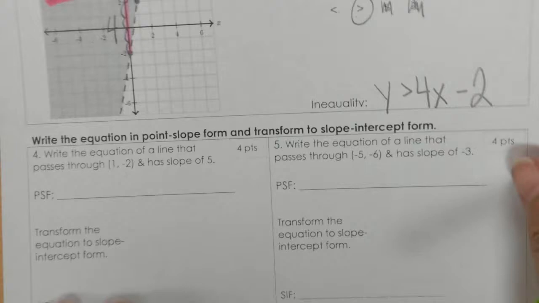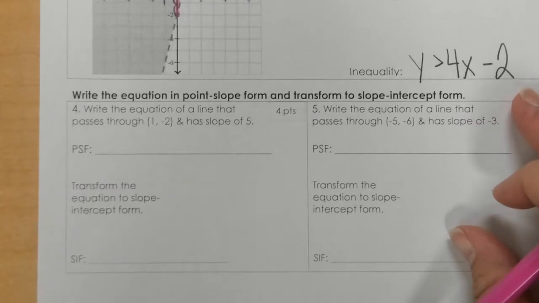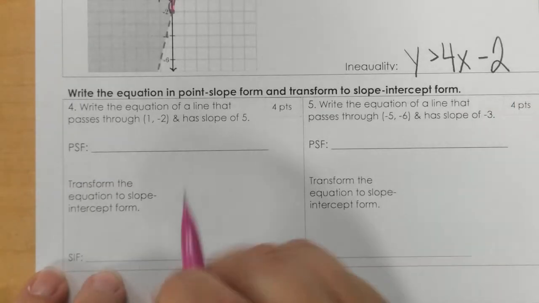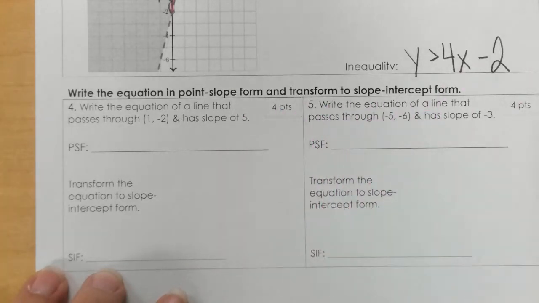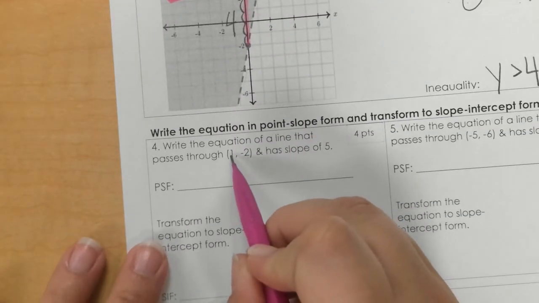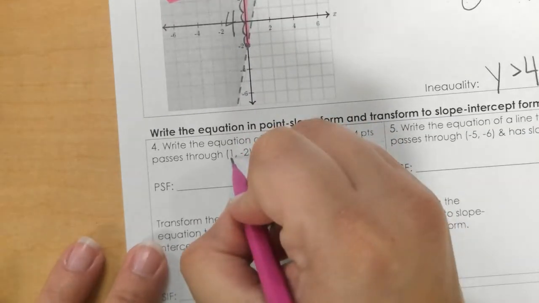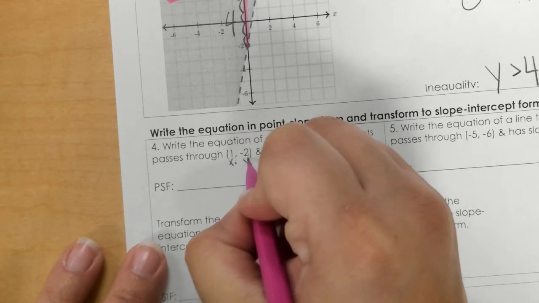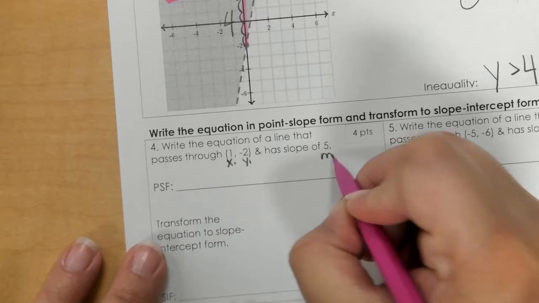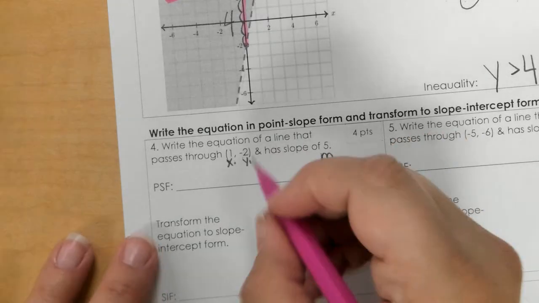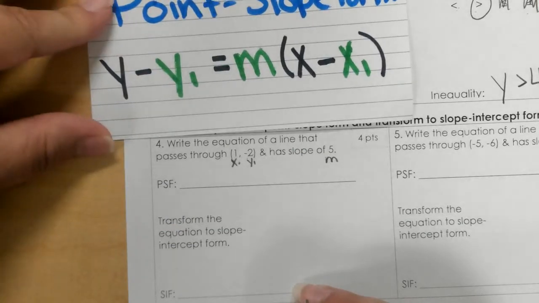Okay, and then lastly, we have two equations at the bottom that says write the equation in point-slope form and transform to slope-intercept form. First, we know that this is x1 and y1. Okay, our slope is our 5, which is m. And we have used this formula quite a bit here.